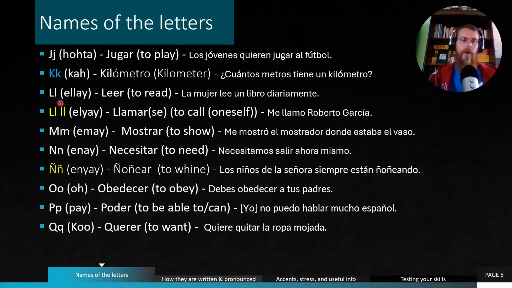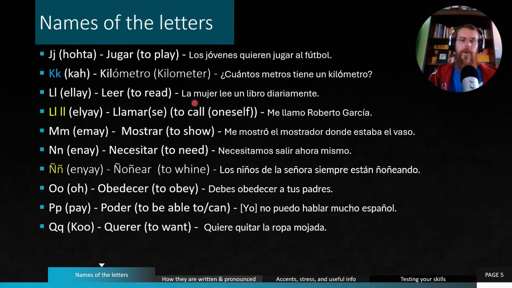Okay, so moving on. Elle, and the verb is leer, which means to read. And the sentence is, la mujer lee un libro diariamente. Right? And la mujer is the woman.